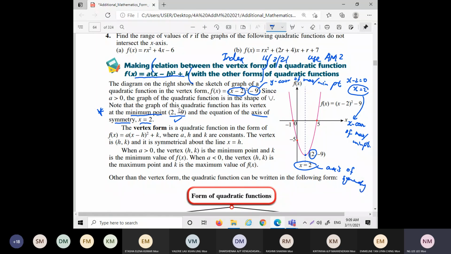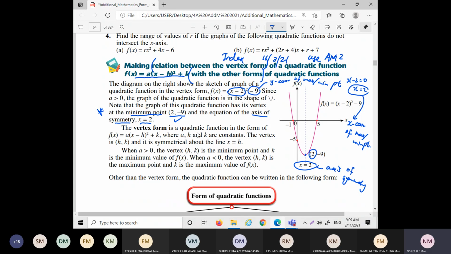So when you have the vertex form, it's very fast. You can analyze the maximum or minimum point and the axis of symmetry. This is the advantage of a quadratic function in vertex form compared to the general form and the intercept form.